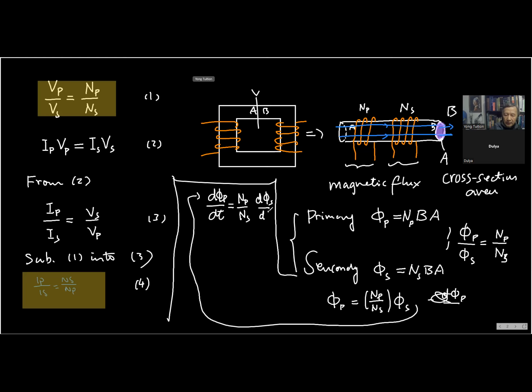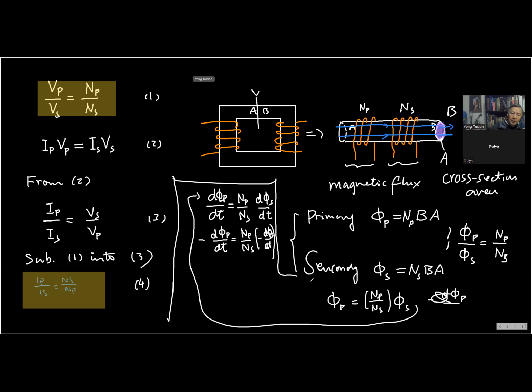So we do the first derivative, second, we put the negative sign in front. The coefficient NP over NS equals the negative d phi S dt. Can you follow me?